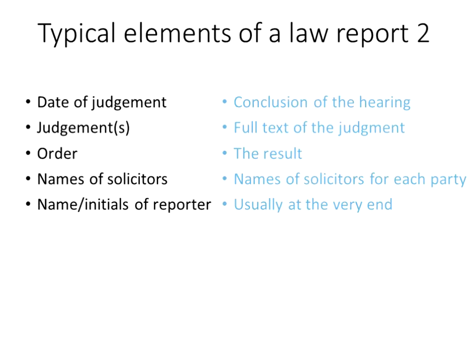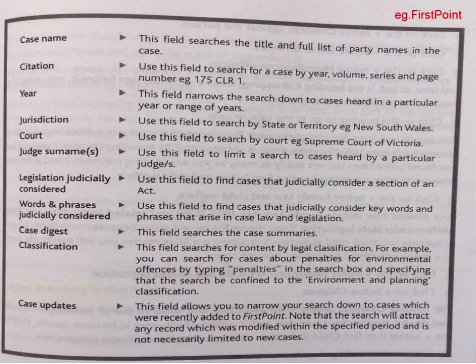So you can track that down. So think about that when you do start exploring LexisNexis and Westlaw, as to how they structure their search form and why they might be able to do that. So here's an example from FirstPoint, which is in Westlaw AU. There again, you can search these fields.